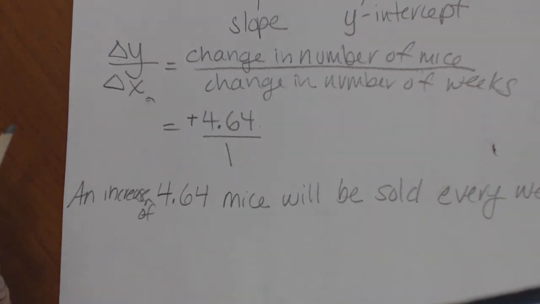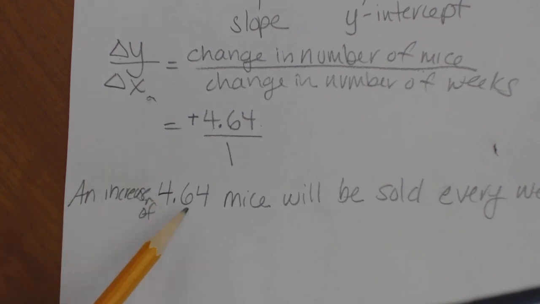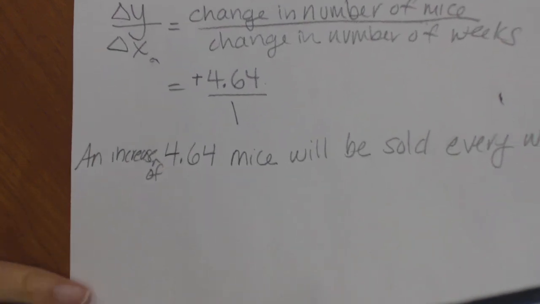Now I know we can't sell 0.64 mice. Let's not round to 4 or 5, but let's just be precise here with the numbers. So an increase of 4.64 mice will be sold every week.